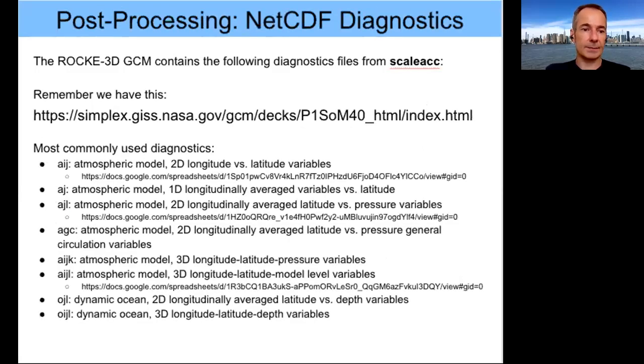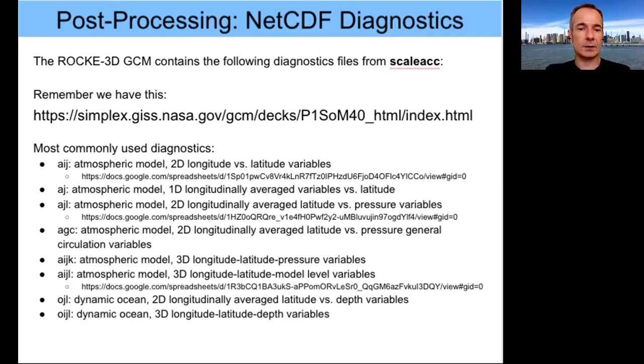So, scale ACC. Here is a list of common files that you can generate. You say scale ACC, the ACC file you want to scale, and then one of those abbreviations: AIJ, AJ, AJL, etc. These are the most commonly used, and you have to find out which variables exist in each one, but chances are you will be using AIJ.